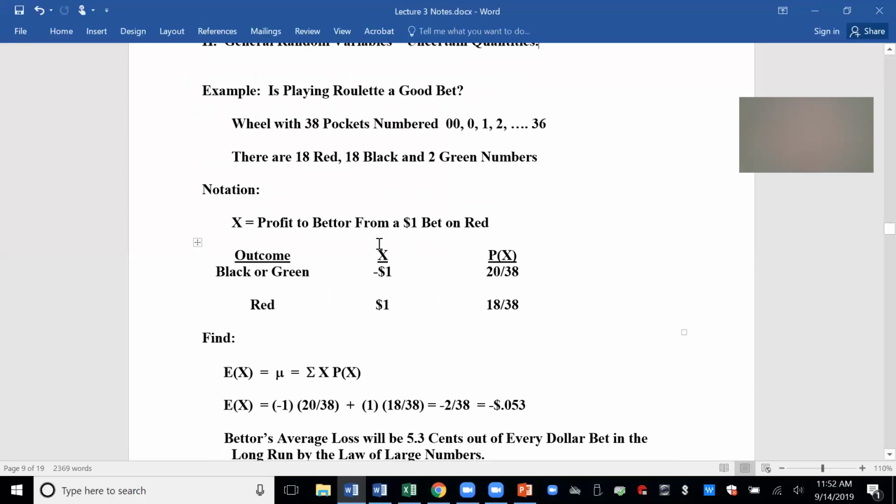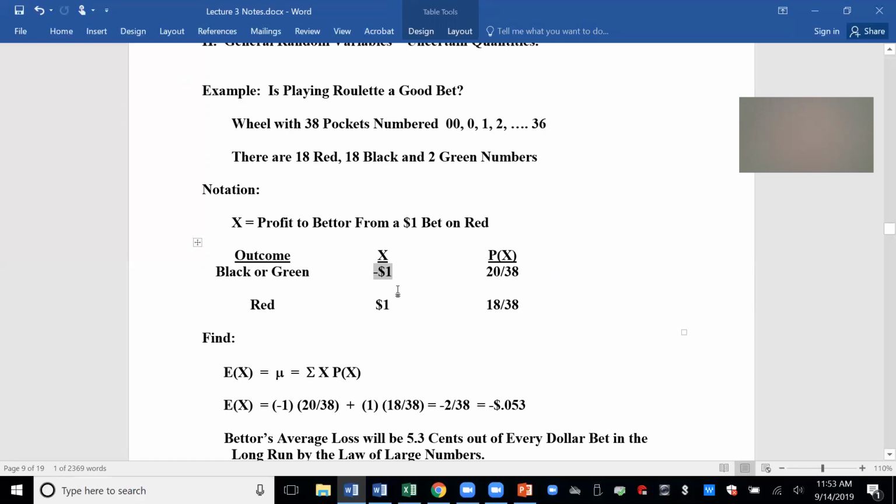If we put down $1 and a red comes up, they give us $2 back, our original dollar and $1 profit. If we put $1 down on roulette and a black or a green comes up, they take the dollar away. So the profit, if it's positive, is a gain of $1, and if we lose, then we have a loss of $1.